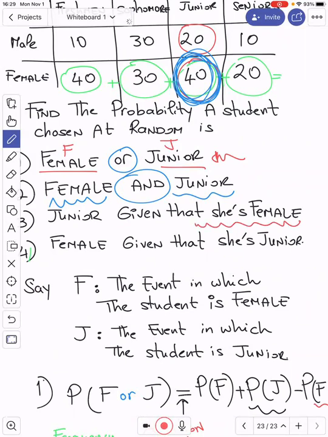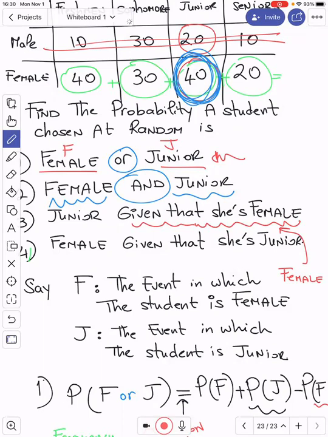So in other words, we can just forget about the male students. We are just interested in the females, because I know for a fact that the student selected at random is a female. So we can just forget about the males and just focus on the females.